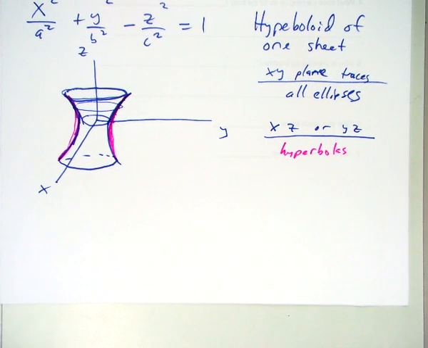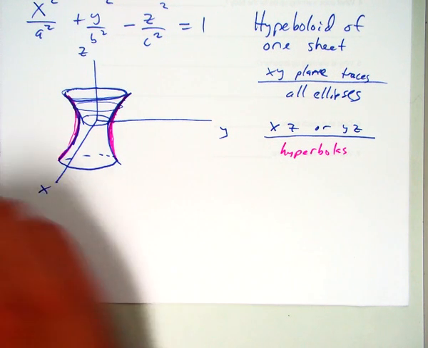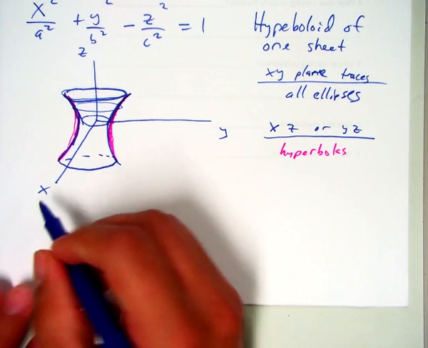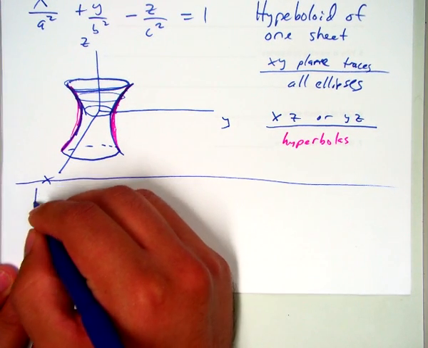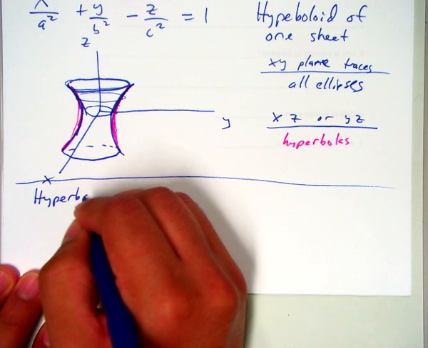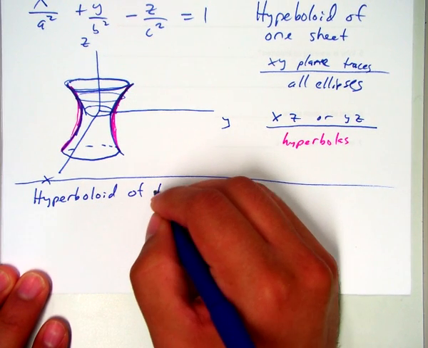Sorry, I didn't write this down. The next one is a hyperboloid of two sheets.